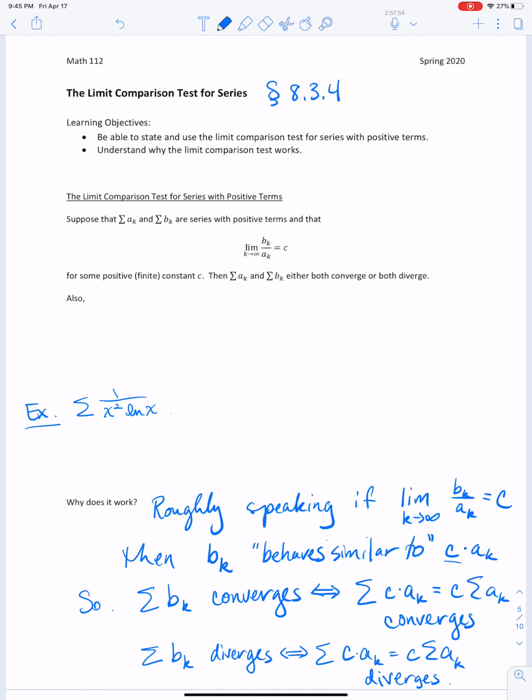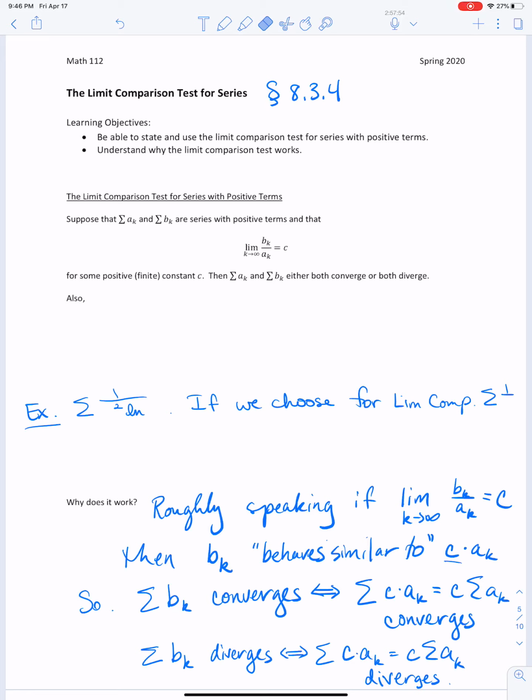Suppose that we choose for comparison, if we choose for limit comparison, the series whose terms are 1 over, oh goodness, I'm using x squared here, and I want to use k really.